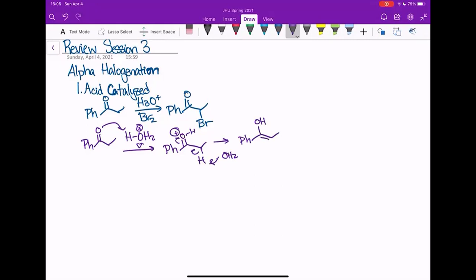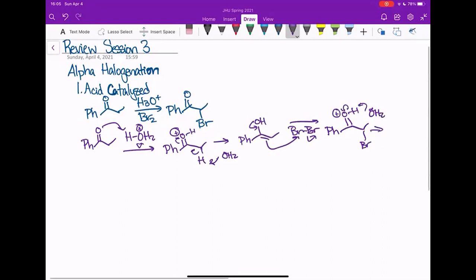Okay. Once you get there, you can go ahead and send these electrons back down to grab your bromine. And then lastly, you'll deprotonate to get back to your final product.